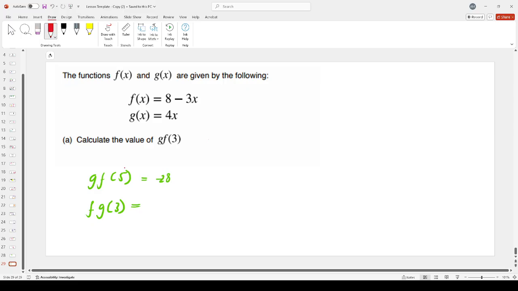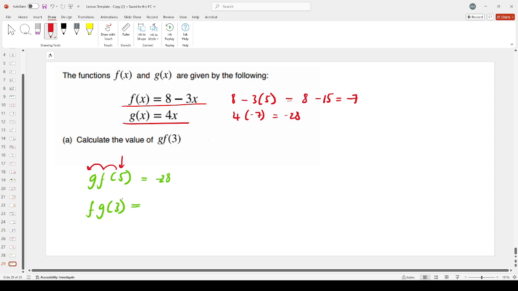So basically, you substitute 5 into the F formula first. So we're going this way. 8 minus 3 times 5, which is 8 minus 15, which is minus 7. And then we substitute the minus 7 into this formula. 4 times minus 7, and that's minus 28.